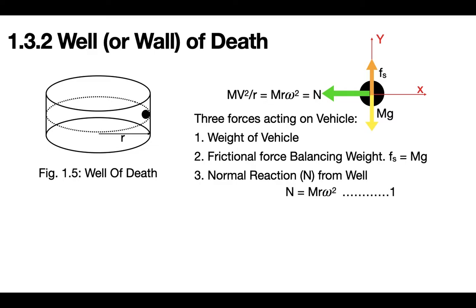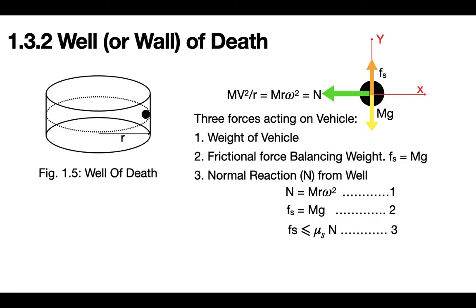N is the centripetal force which causes this circular motion. So we can say N is equal to m r omega square. And as there is no vertical motion, the friction force is balanced by the weight itself.